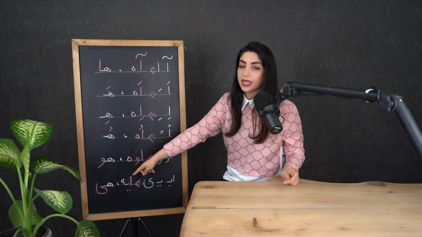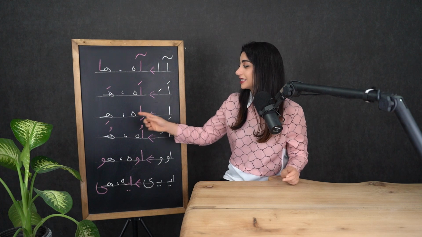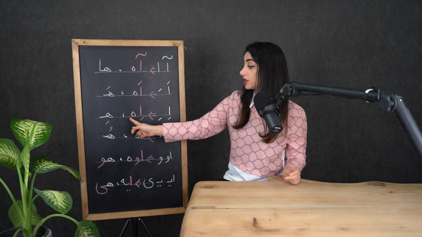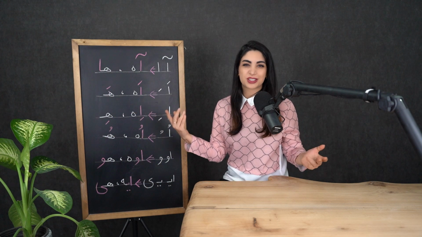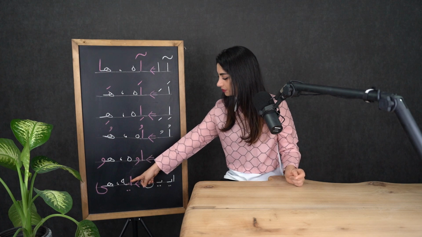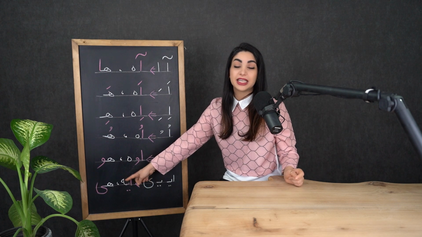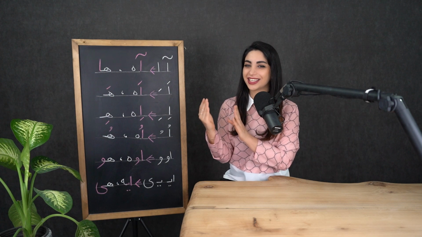So I need another form of he, another form that can attach from here, but finish from here. Not this one, not this one, so it transforms to this form. Look here, it can attach from back, but can be free from the other side.